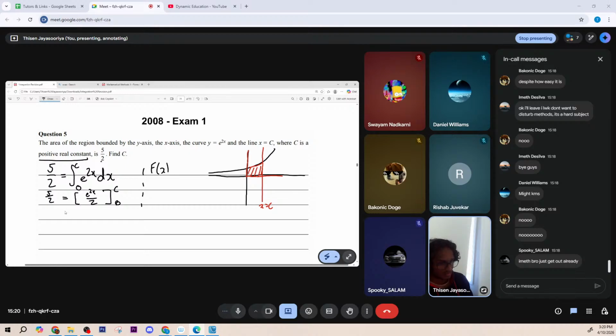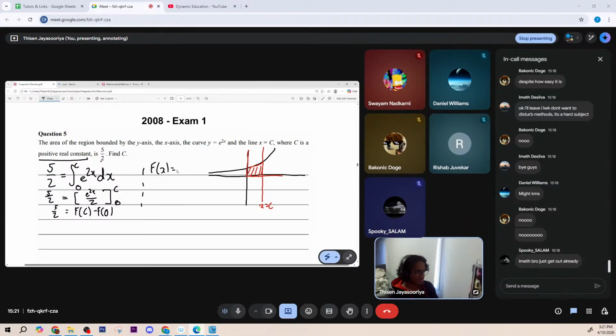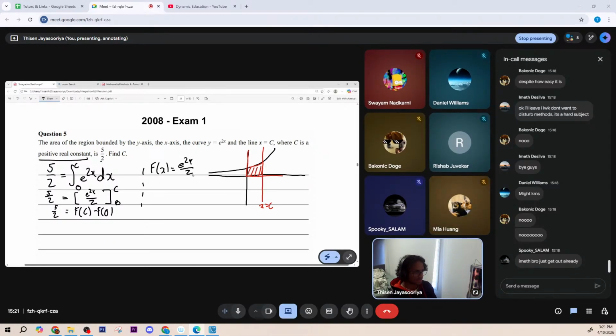So we have 5 over 2 equals f of c take f of 0. F of x equals e to the 2x over 2. F of 0 equals e to the 0 over 2, which is just a half. We get f of c equals e to the 2c over 2. And now we're just left with 5 over 2 equals e to the 2c over 2 take a half.